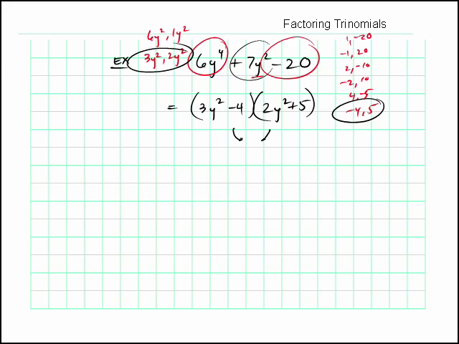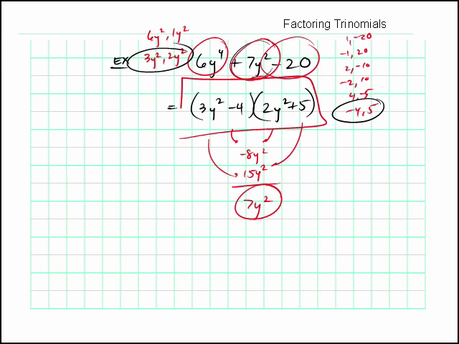Let me use red for that. This times this is negative 8y squared, and this times this is 15y squared. Add those together, 7y squared, the correct middle term. And so this is our factorization. And that is our lesson on factoring trinomials.